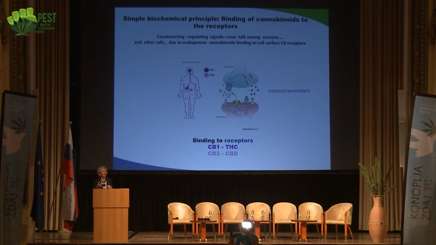And of course, this is going on and on all the time in our brains. The major receptor for THC is CB1, and this CB1 is, as you have seen before, present in the brain in various locations, and the other one is CB2, which is distributed more evenly in the body, particularly taking care of our immune system, our immune reactions.